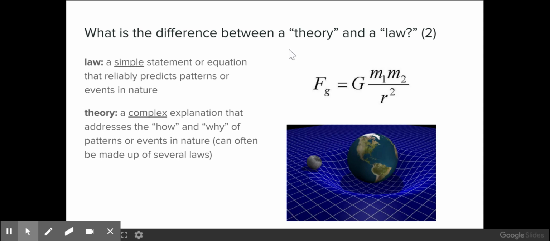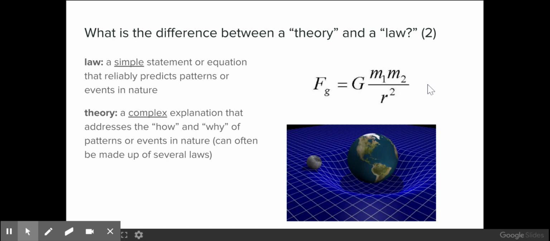I pulled up two examples that actually deal with the same topic. The force of a gravitational field is predicted by this mathematical equation: the masses times each other divided by the radius of their distance squared. That's a very simple explanation as to how the gravitational force between two objects works.